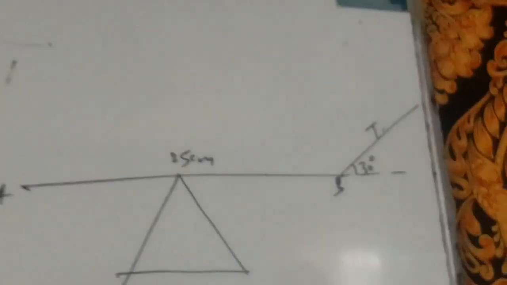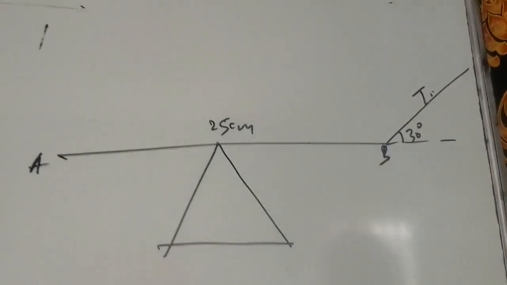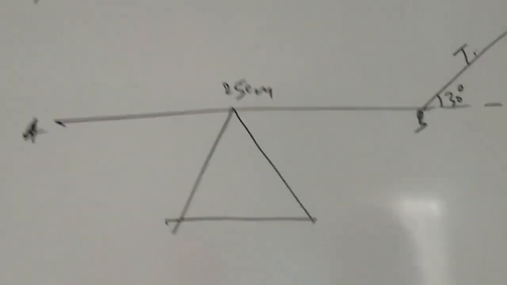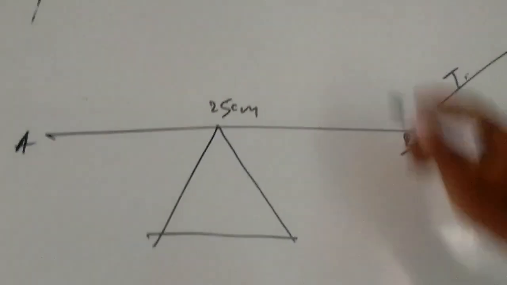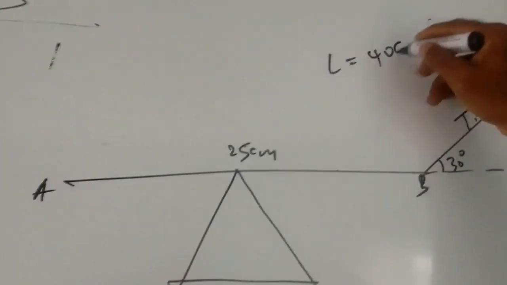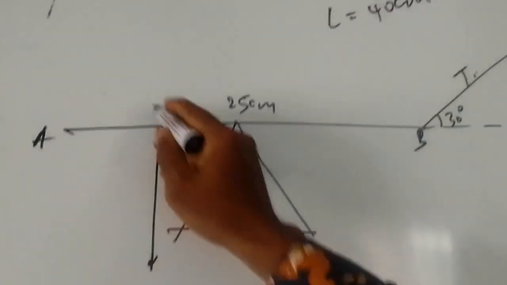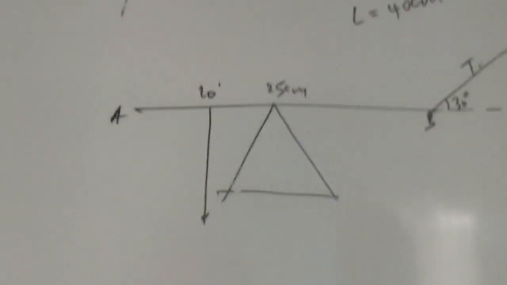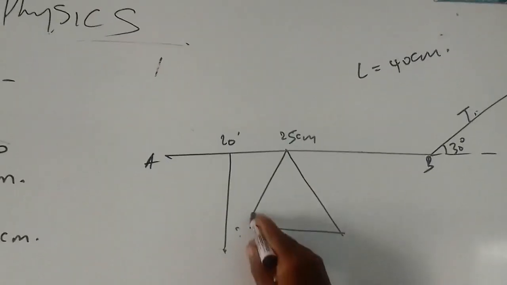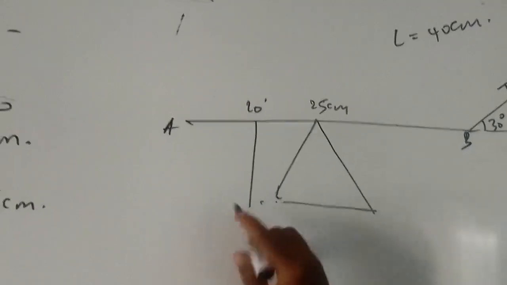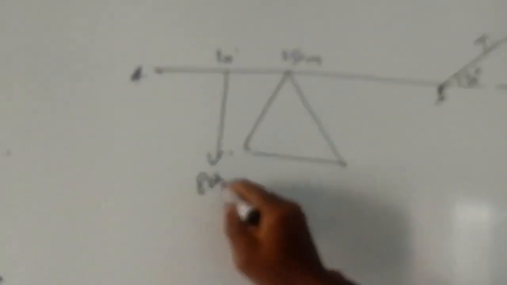Look at this problem. Uniform rod AB. The length of this rod is 40 cm. So the center of gravity will be here at the 20. The weight of the rod is given to us as, let's say, 80 Newton.